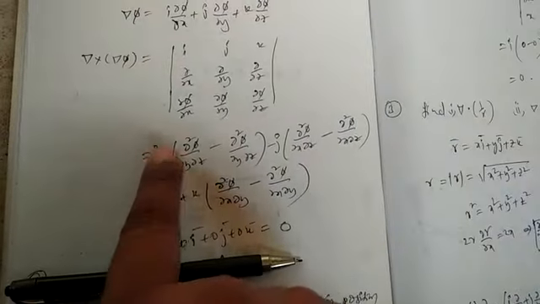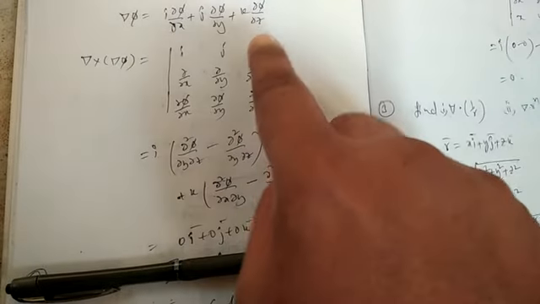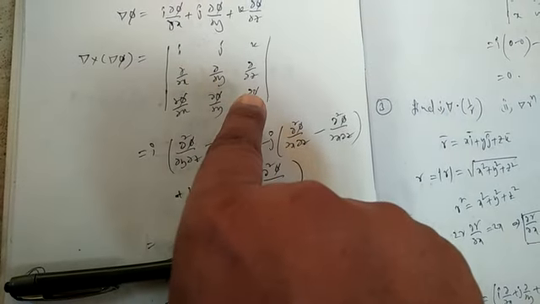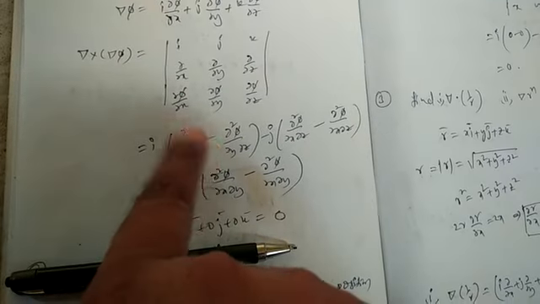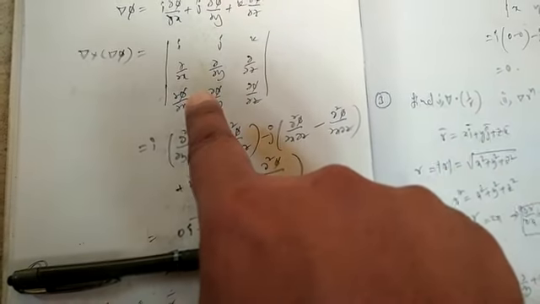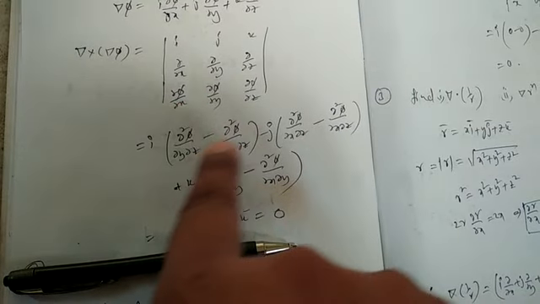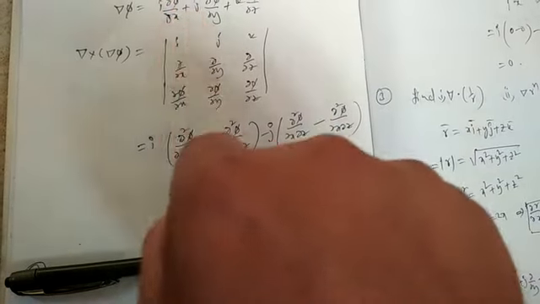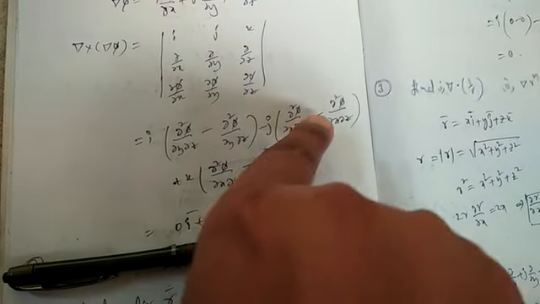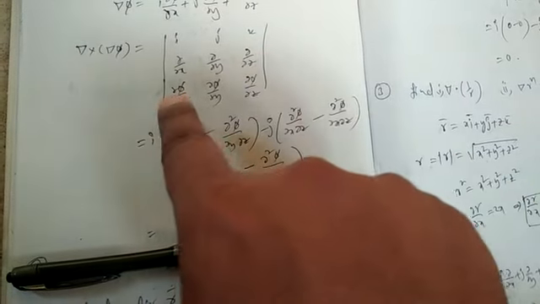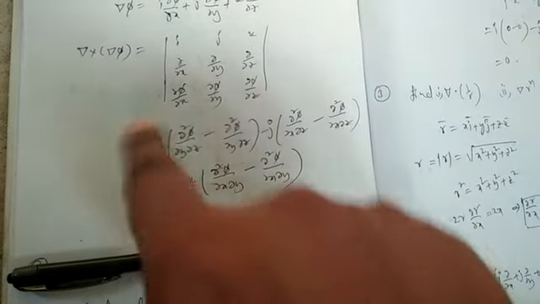Now find the determinant. i times ∂²phi/∂y∂x minus ∂²phi/∂y∂x, the same terms. Minus j times ∂²phi/∂x∂z minus ∂²phi/∂x∂z, the same term.